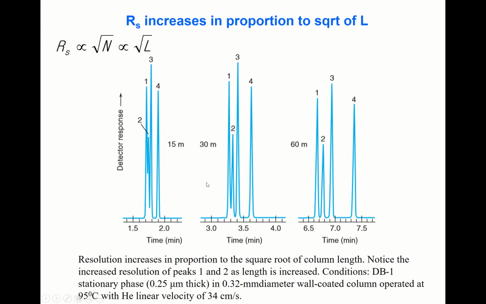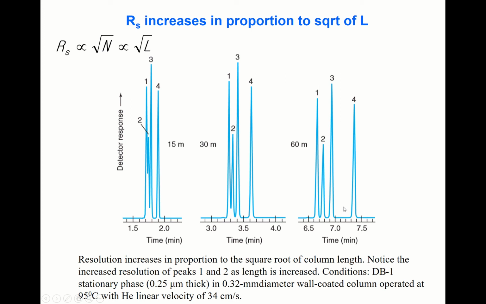I recommend you calculate the resolution by blowing up these chromatograms. When you increase the column length by a factor of 4 compared to the first one, you expect resolution to increase by a factor of 2, because the square root of 4 is 2.